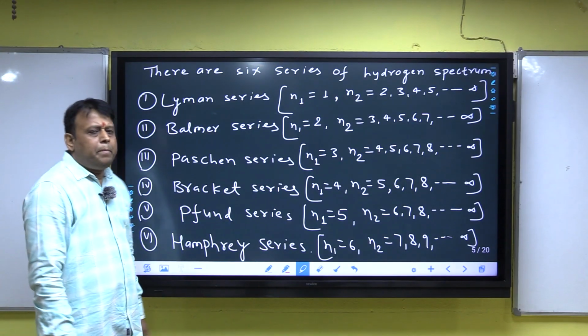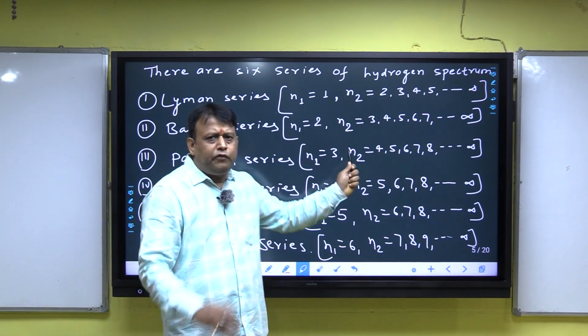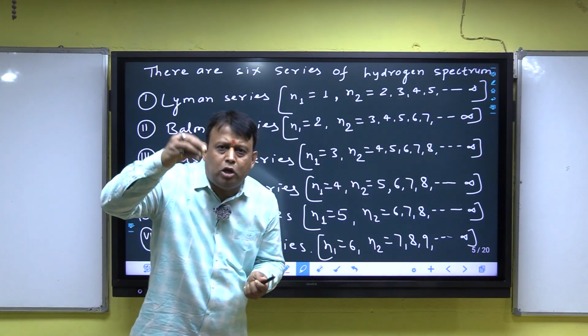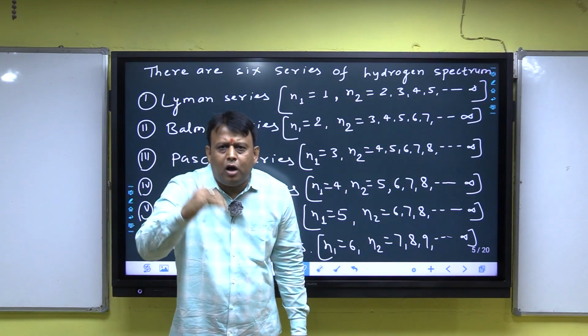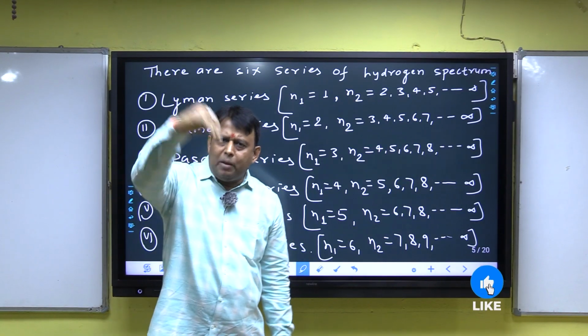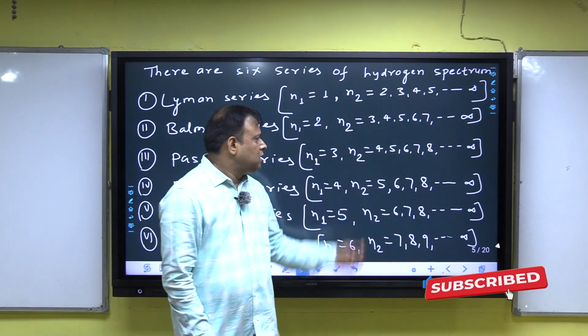Third series, Paschen: N1 is 3 and N2 is 4, 5, 6. That means when an electron falls from fourth orbit to third orbit, Paschen. Fifth orbit to third orbit, Paschen. Sixth orbit to third orbit, Paschen.